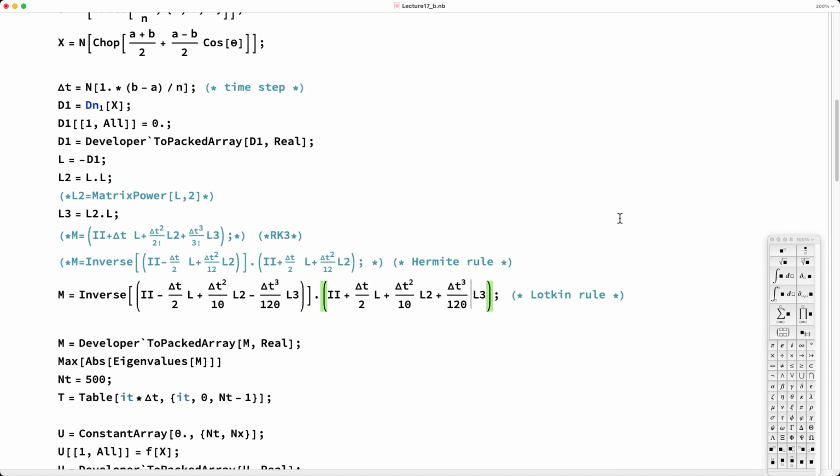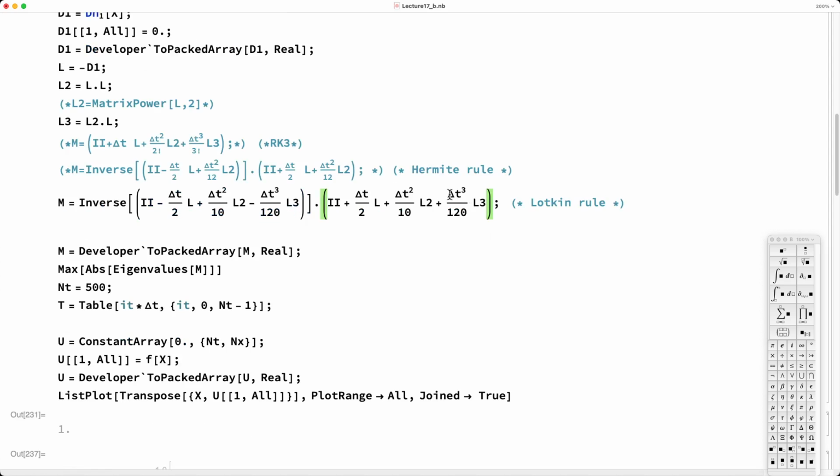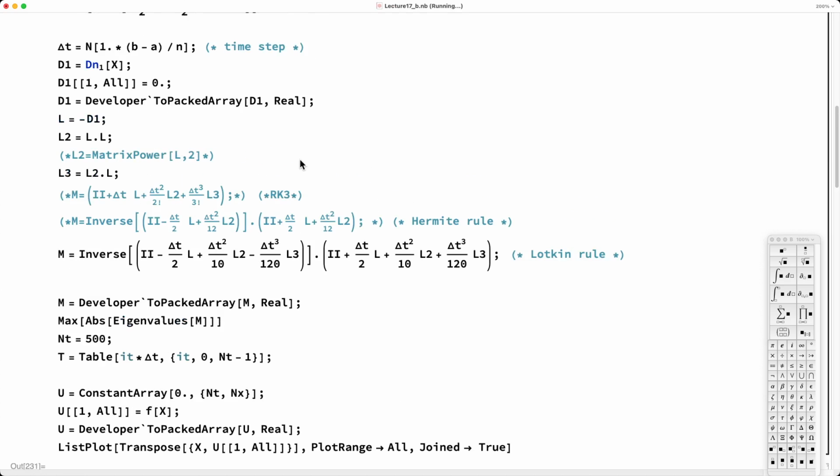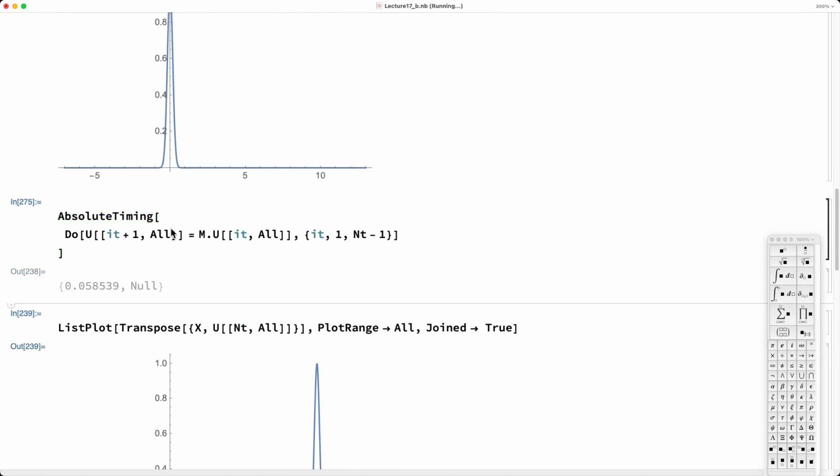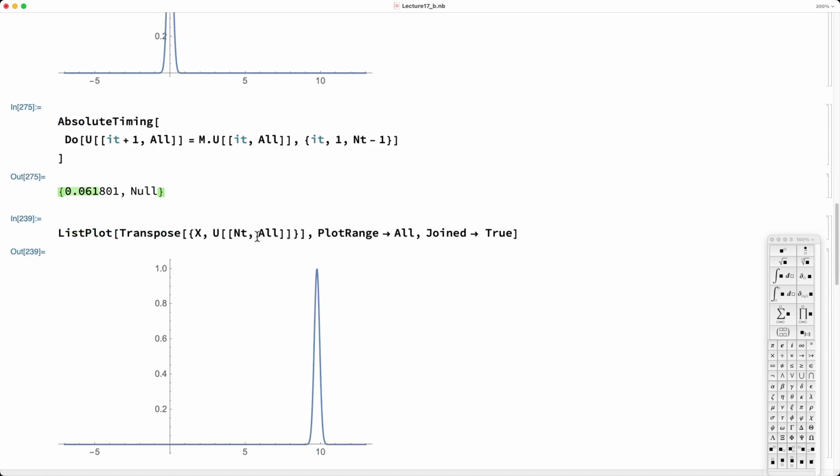It's the Hermite rule extended to the next order, so it's a 6th order accurate rule, although we're using only terms up to delta t cubed here and delta t cubed here. So let's run this. Again, it doesn't cost anything more to run. It's still running 0.5 or 0.6 seconds.